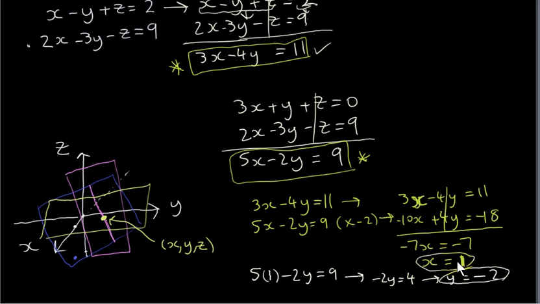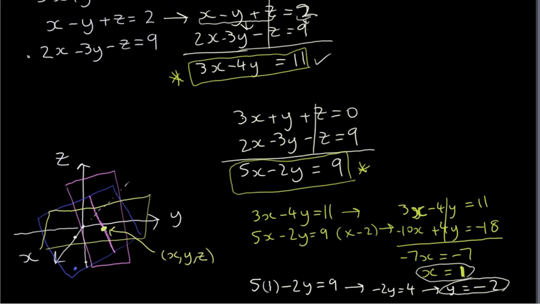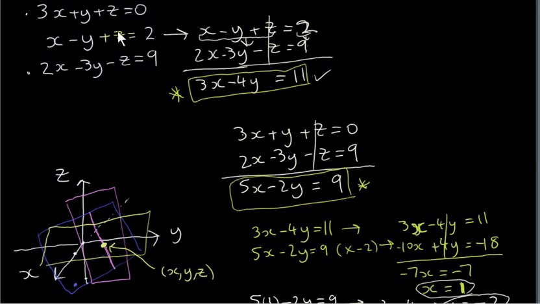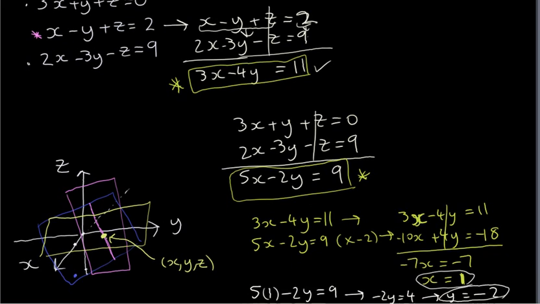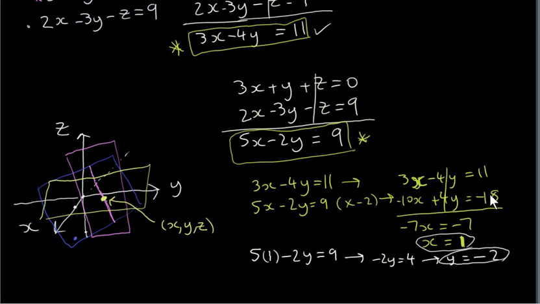Now the last step is to plug these two numbers into one of the three equations. Doesn't matter which one. And find z. So I'll use this one here, it's a little bit easier. So x is 1, y is minus 2, so we've 1 minus minus 2, or 1 plus 2, plus z equals 2.